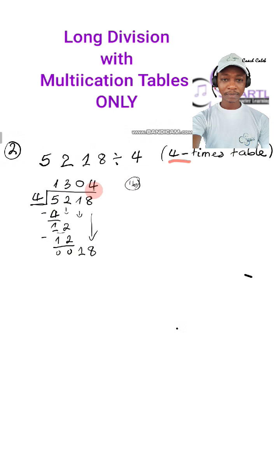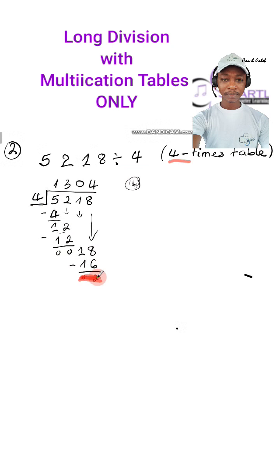Now 4 times 4 is 16. Now subtraction, 18 minus 16. 8 minus 6 is 2. So you see this number we have right here is called the remainder. So we have a remainder of 2.